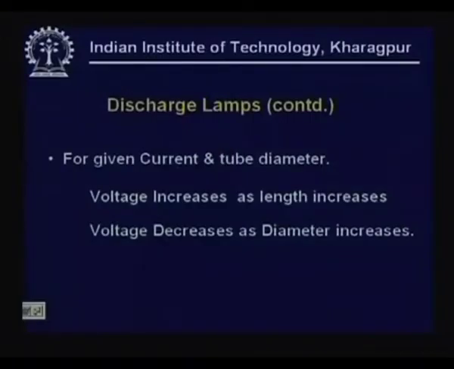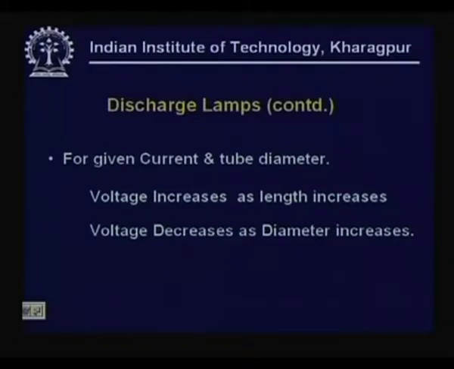Now, coming to these line sources, the issue we are talking about is the required voltage. No doubt the variation in voltage is less, but it increases as the length increases. The other thing is, however, that this voltage has a certain decrease with the diameter.